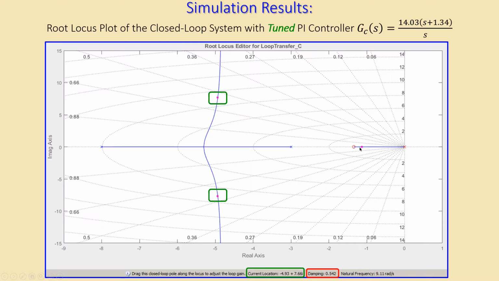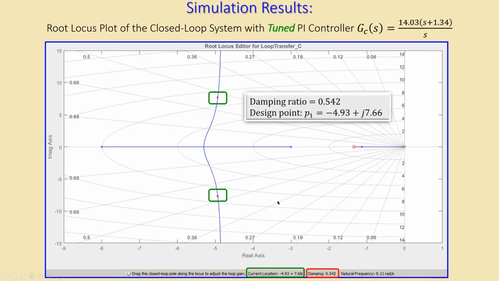If the zero and the pole come close to each other, the effect of the pole is not as strong as before. The effect of this pole will be eliminated, or in some sense partially eliminated, by this zero. So if this is approximately here, then it will have less effect. So I think this has a better performance.